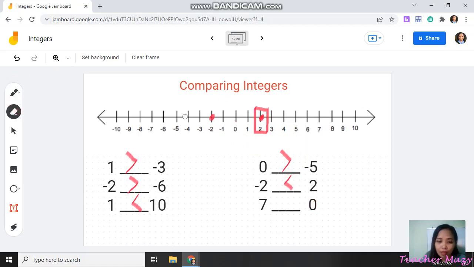And we have positive 7 and 0. Which one is bigger? Yes, the positive 7. So that's how you compare integers using the number line.